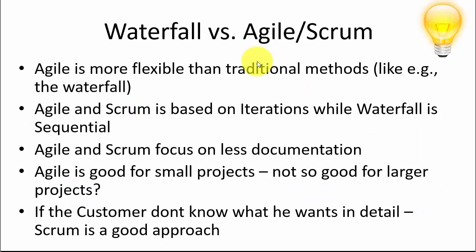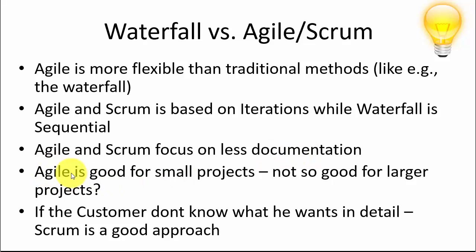So in summary, Agile methods are more flexible than traditional methods like the waterfall. Agile and Scrum are based on iterations, while the waterfall is sequential. Agile and Scrum have less focus on documentation.